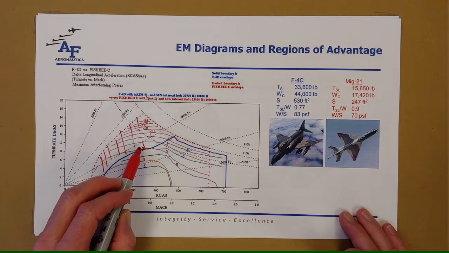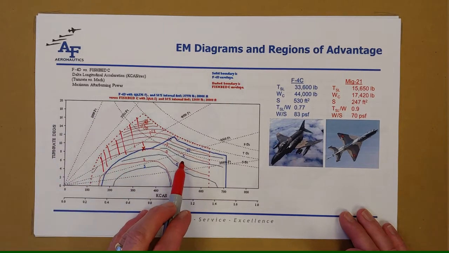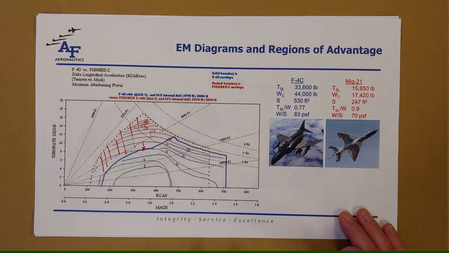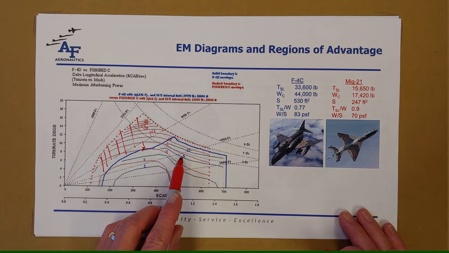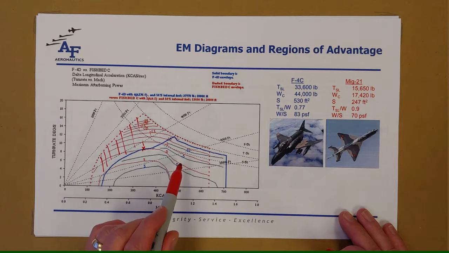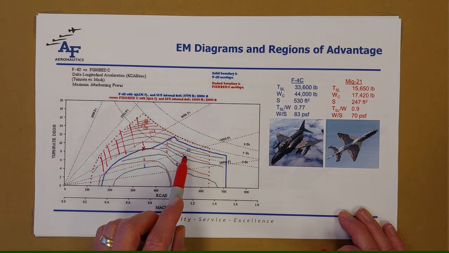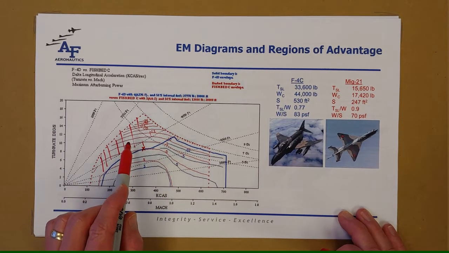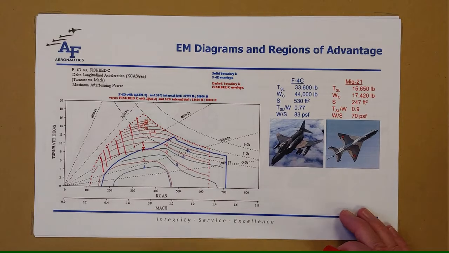It can sustain that. And the F4 is at minus 5. I'm going to guess that that's probably negative 500 feet per second, a turn just shy of 5G. So the F4 is not going to be able to turn with the MiG-21.